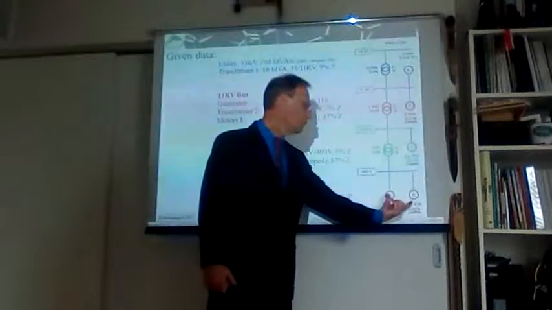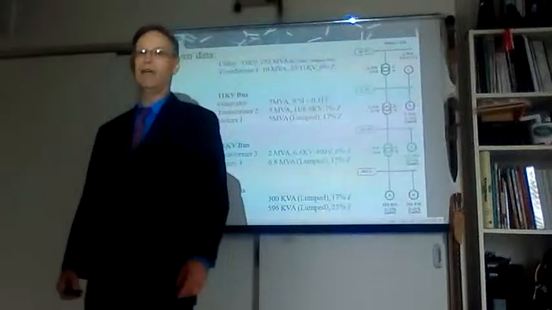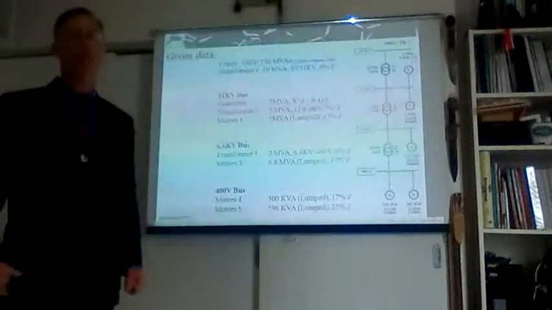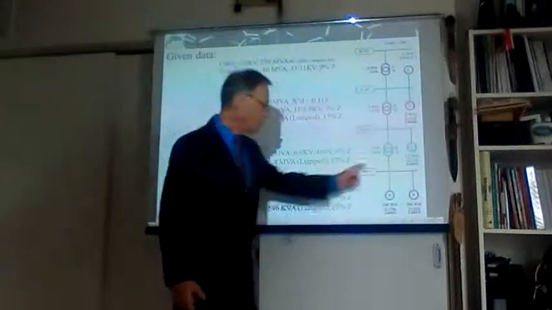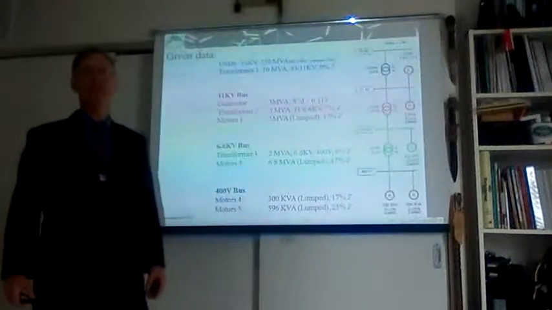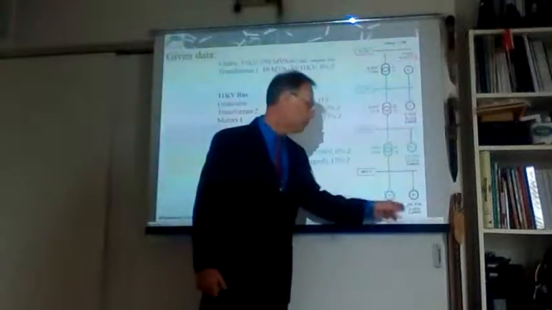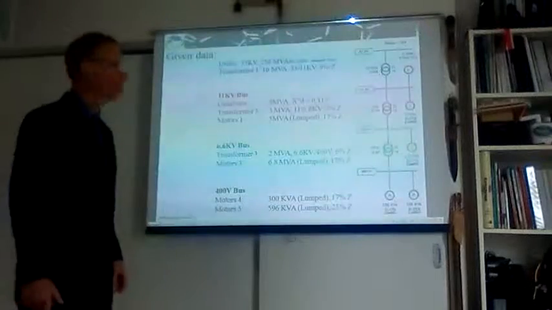We have two motors here, each one of them with a different internal impedance, and that is what is important for short circuit. So this one has 17% of the full impedance during a short circuit. This group of motors will have 25%.